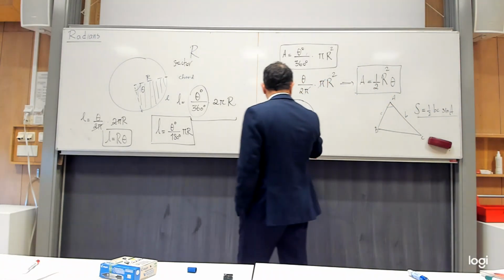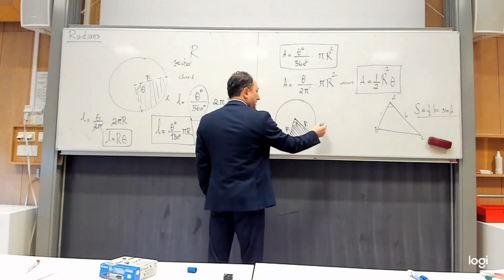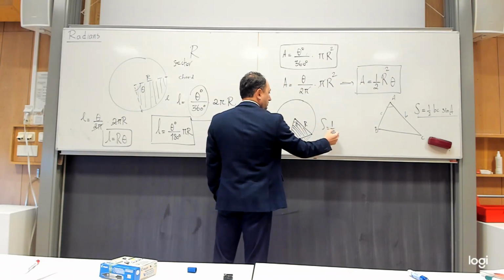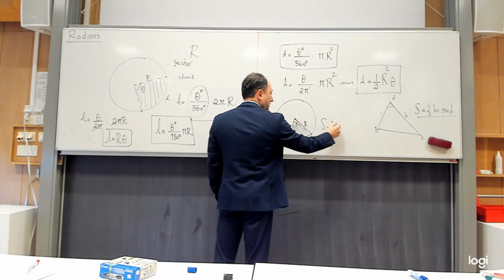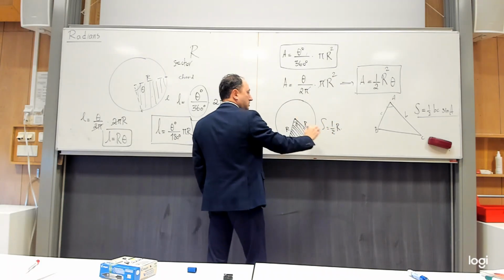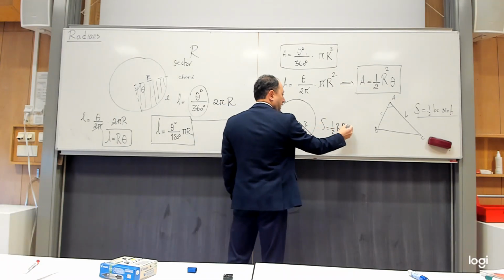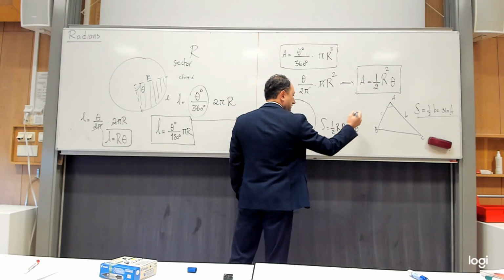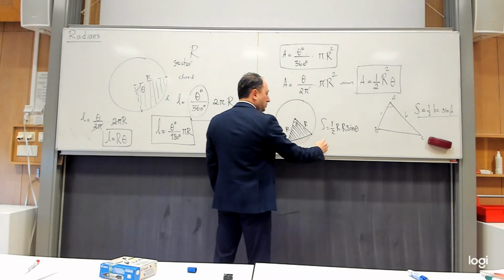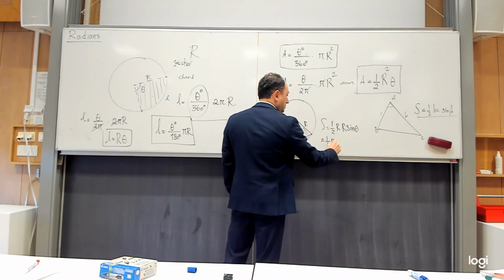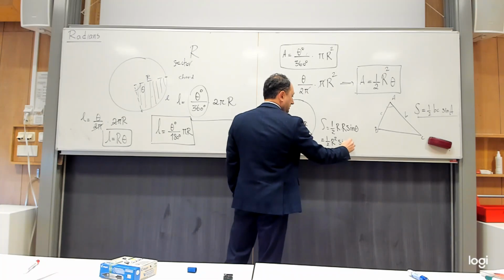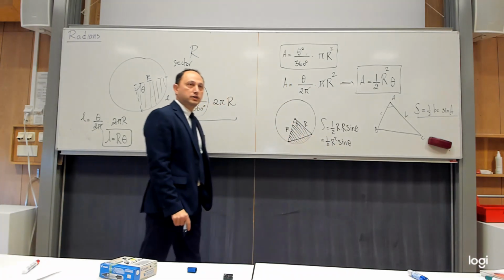So now if I want to find the area of this triangle, S becomes equal to 1 over 2, this side R, multiplied by that side, which is also R, multiplied by the sine of this angle, yes, which is equal to 1 over 2 r squared sine theta. This is the area of the triangle.